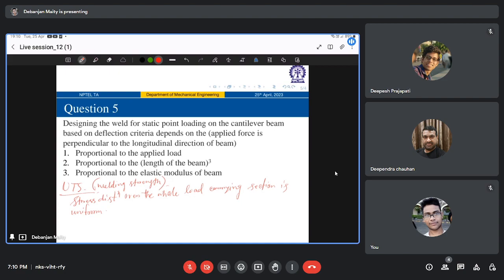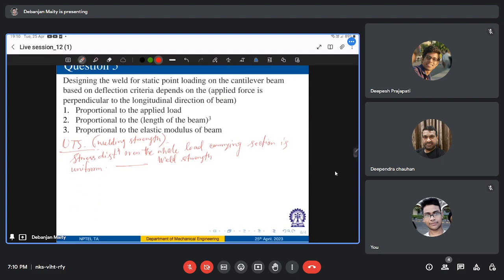So in weld design there are two terms: one is weld strength, and another is weld rigidity, the stiffness basically.